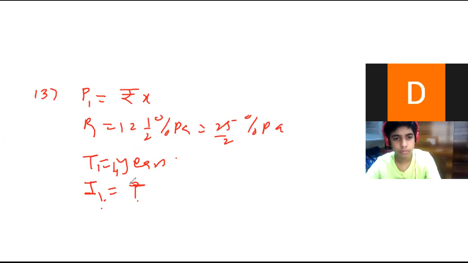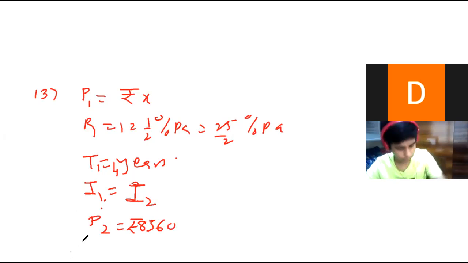Same interest means I1, I2 is the same or not? First interest, second interest same, no? So can I say I1 is same as I2 if P2 is 8560, but for time 5 years.